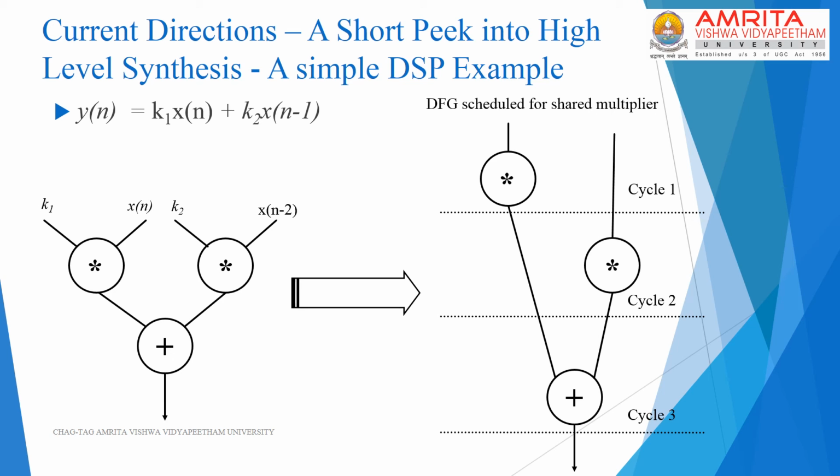But there is some more to it, because the DFG does not reveal the requirement of steering logic that is required for routing the operands to the multiplier. So this will become evident when we develop the data path in the next slide.